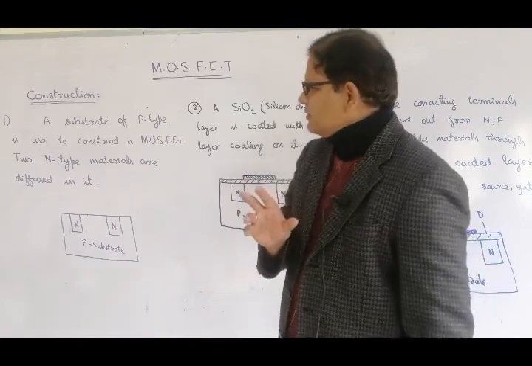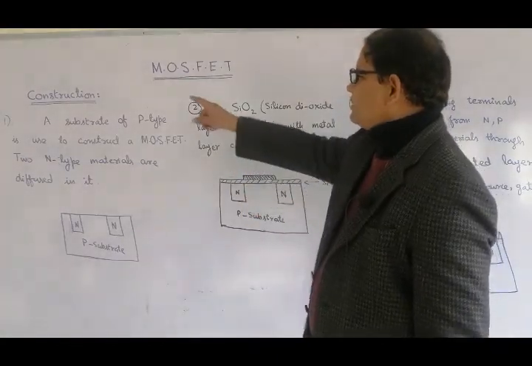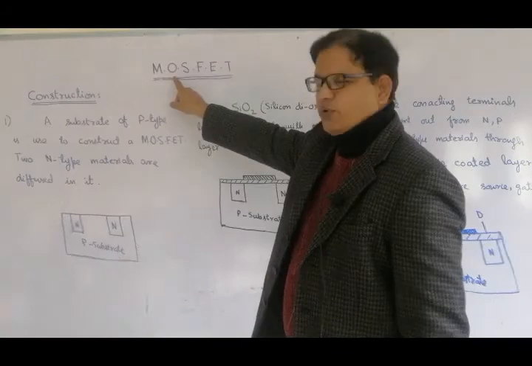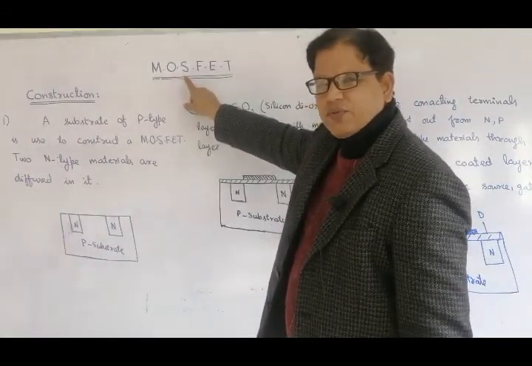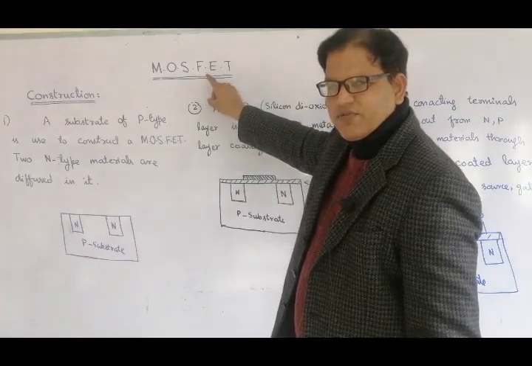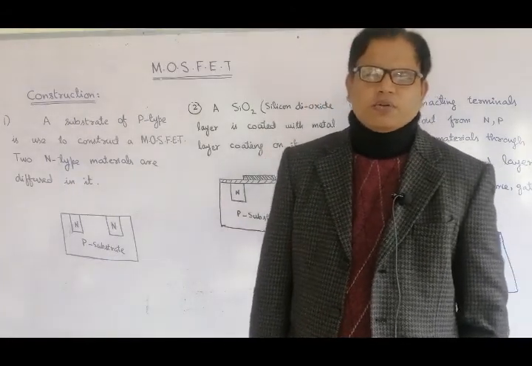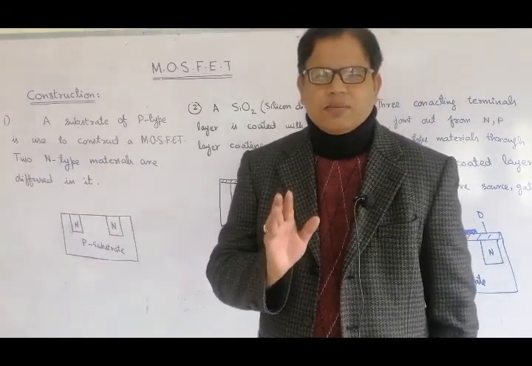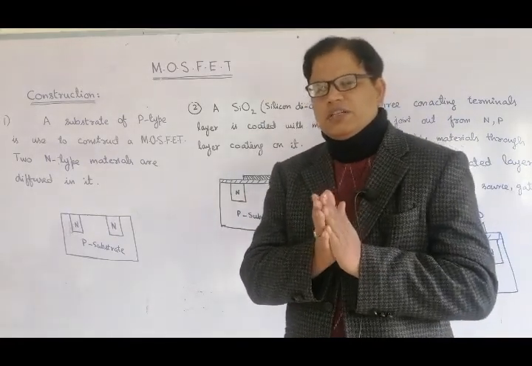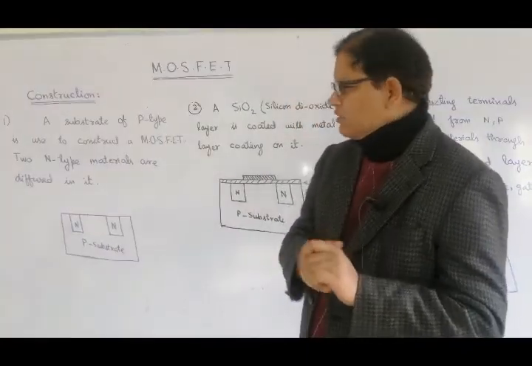MOSFET is an abbreviation: M stands for metal, O stands for oxide, S stands for semiconductor, F stands for field, E stands for effect, and T stands for transistor. So metal oxide semiconductor field effect transistor is basically a switching device, and here is its construction.